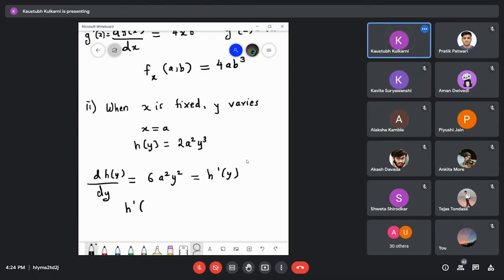So h dash of b is 6a square b square. This is nothing but the partial derivative of f with respect to y at the point ab, which is 6a square b square.